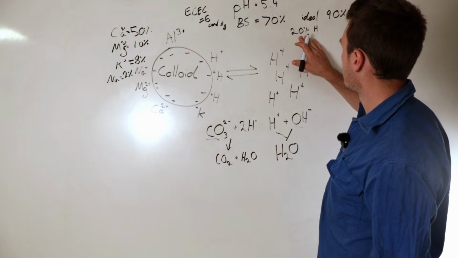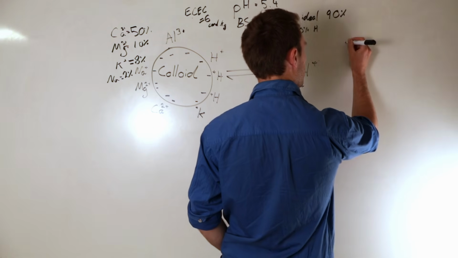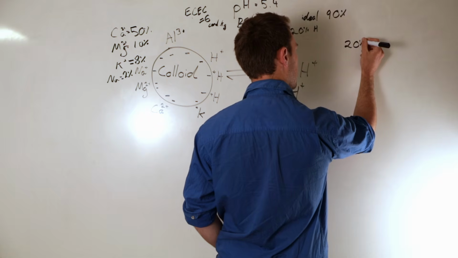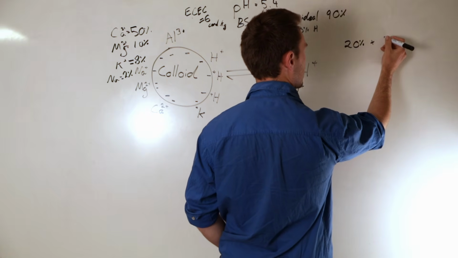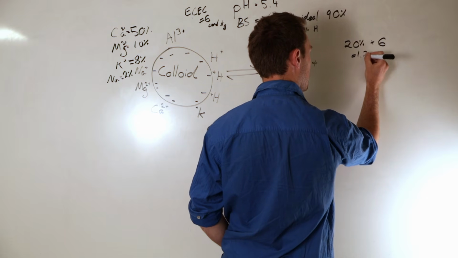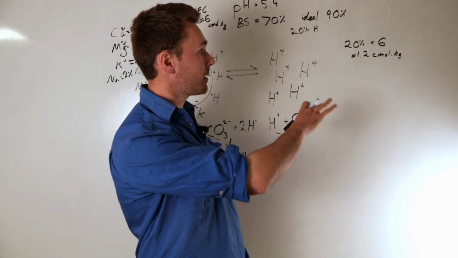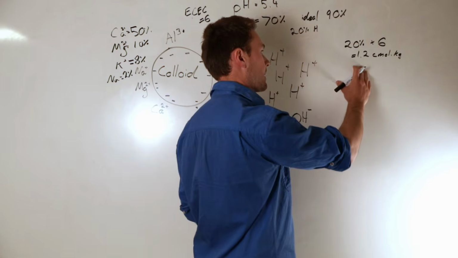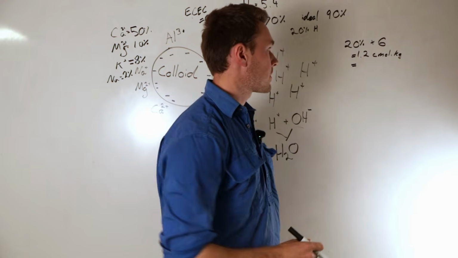So if we have 20% hydrogen that we need to get rid of, this is what that looks like. We have the 20% that we want to get rid of, times that by the effective cation exchange capacity, which in this case is 6, and we get left with 1.2 centimoles per kilo. And now we can convert this into effectively calcium. So for every centimole, there's about 200 grams of calcium.